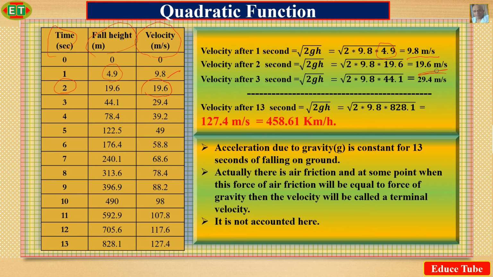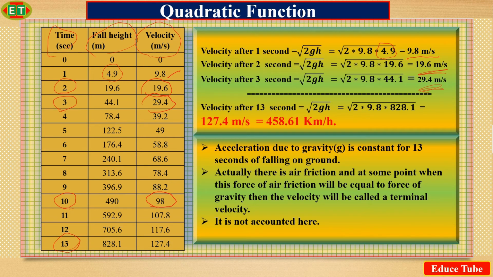We can see it here. After 3 seconds, it will be 29.4 meter per sec. It is showing here. So this way, if we go down, after 10 seconds, velocity will be 98 meter per sec.